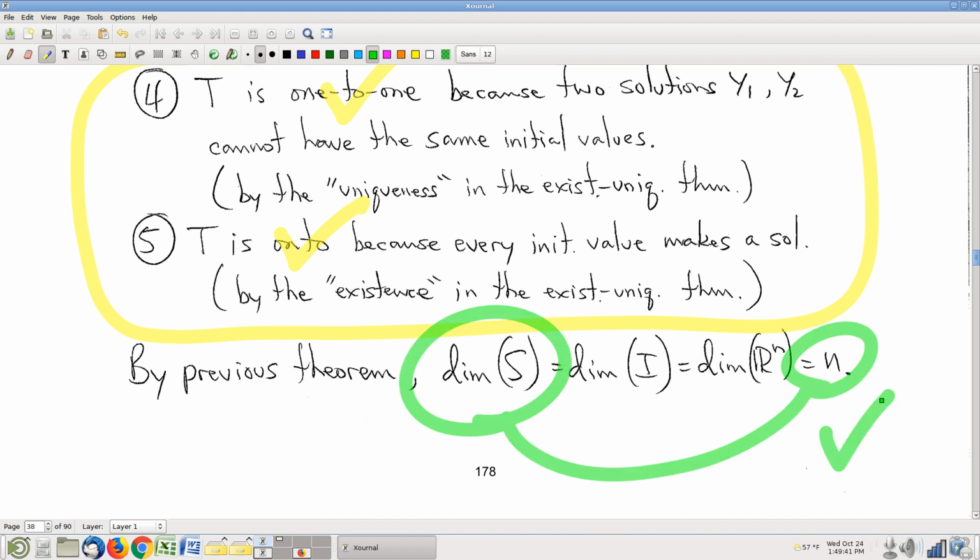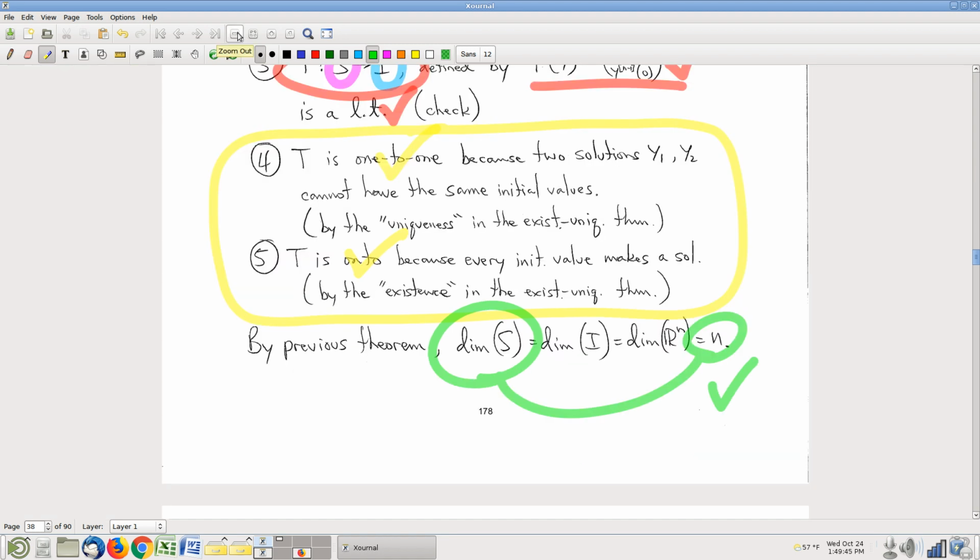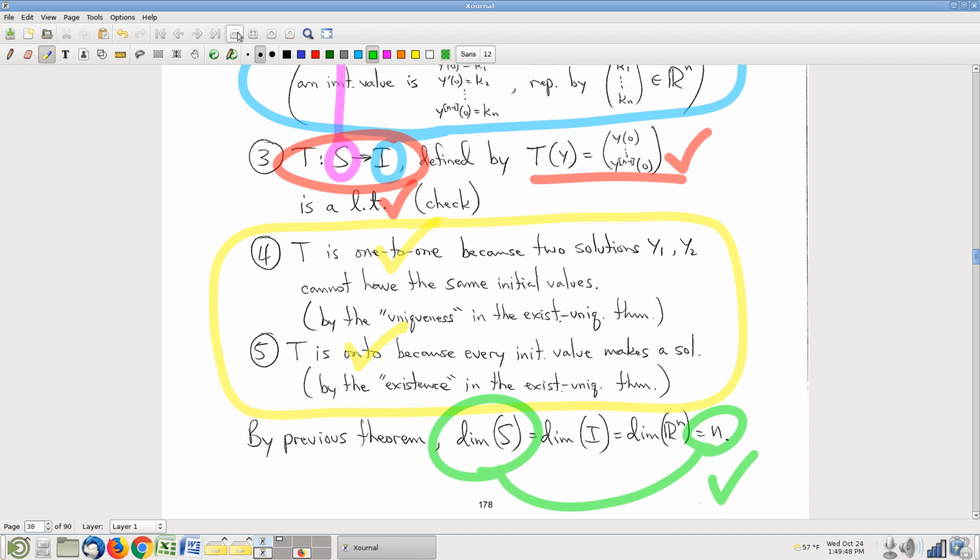So there's just a few things. Most of this argument is set up. Most of this is making sure that you understand what is this function T, confirming that it's a linear transformation. Again, I'm leaving that as an exercise for y'all. And then just observing, without any necessary algebra, that this satisfies all the conditions of the theorem on the previous page, and again, it's a kind of a free result.